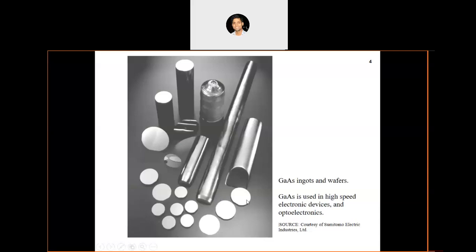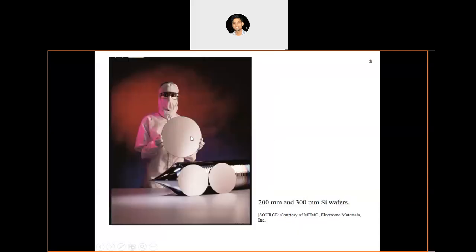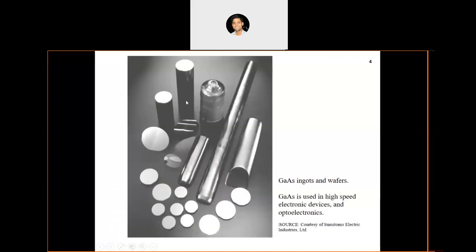To be honest, before these wafers are produced, they are produced in the form of ingots, and then we chop thin wafers out of those large ingots. First you produce these ingots, and then you chop them into very thin slices to produce these silicon wafers.